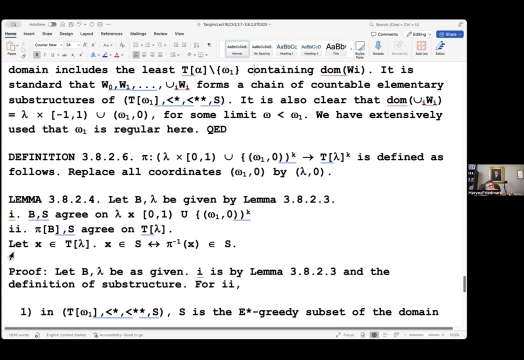I have this greedy construction, and I'm taking elementary substructures of it, and you want to prove that what the greedy construction looks like in the elementary substructure is the same as what it looks like in the full structure.